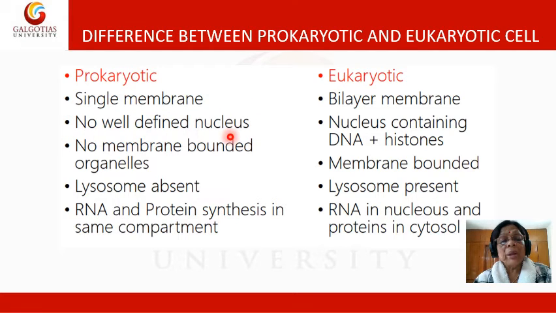No well-defined nucleus is present in prokaryotic cells; the genetic material is not bounded by any membrane and lies in the cytoplasm. But in eukaryotic cells, there is a well-defined nuclear membrane, and inside it is the nucleus, which has DNA and histones.